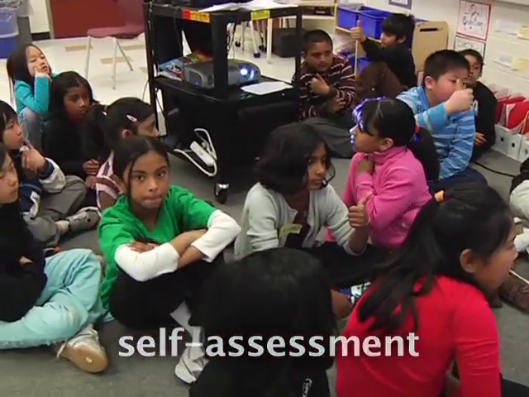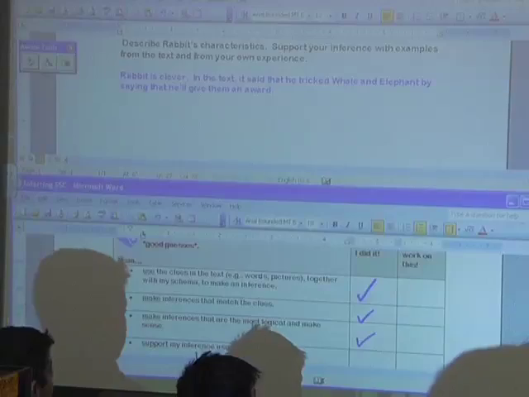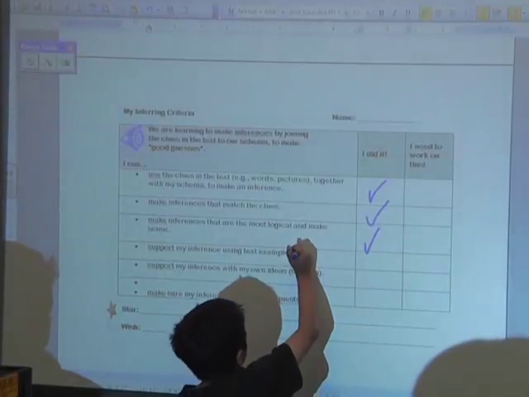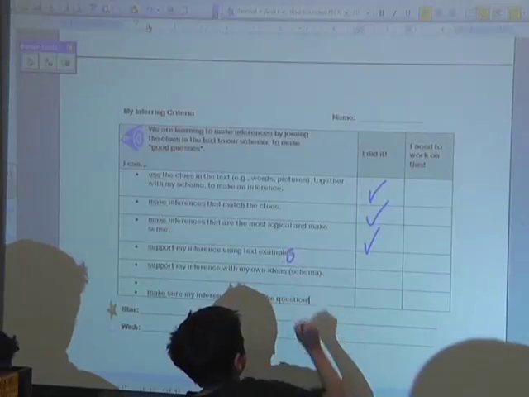Okay, check off, Jason. And the next one, support my inference using text examples. Can you circle the S on the examples, please? Thank you. Text examples. Did we do it or do we need to work on that? We have one example.